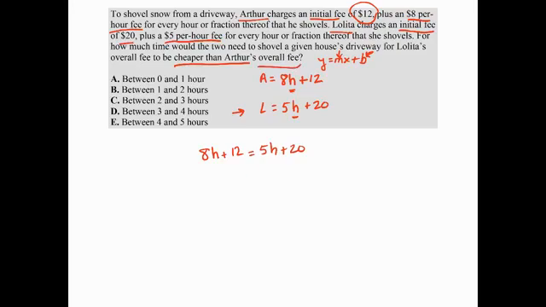All right, once again, I'm going to subtract 5h from both sides, get my h's together. On the left, I end up with 3h plus 12. On the right, the 5h's cancel out, and I've got 20.